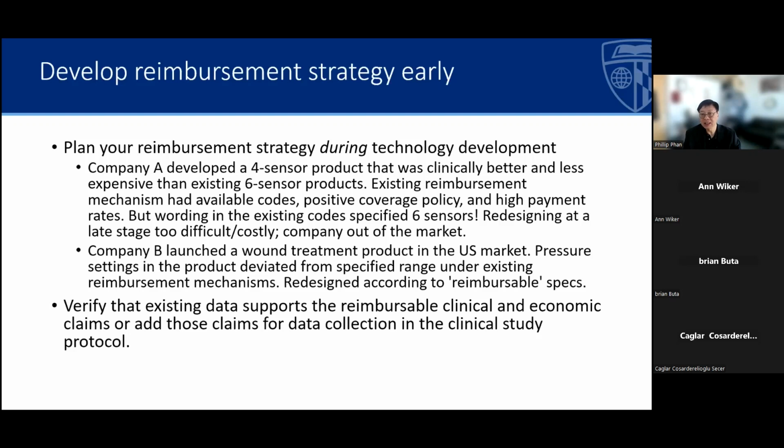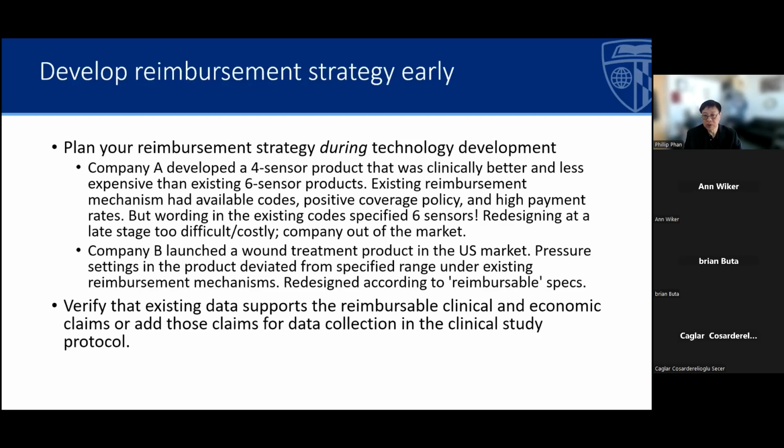The problem was that under the specific coverage language, the pressure settings that the product used were outside of the range. When I say specific, I literally mean it's that specific. So you really want to understand what the technical requirements are for something to be covered, especially a device. If it's a drug, it's the indication or the set of indications.